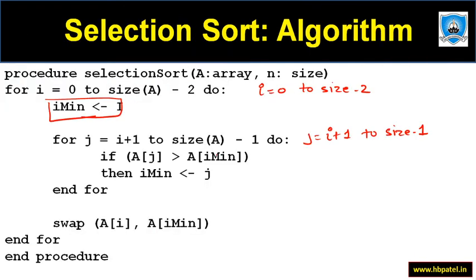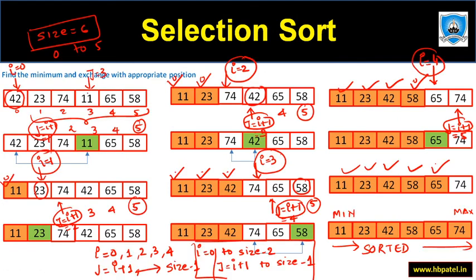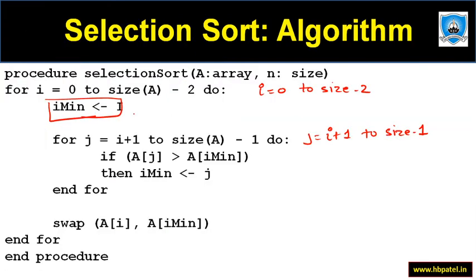So I am comparing A of j with A of I min, and if this element is smaller than A of I min, then in that case we will be recording the value of j. For example, in this case the 11 is to be recorded, so what is the value of j at that time? 3. So that will be recorded in this I min. So I min will be 3.